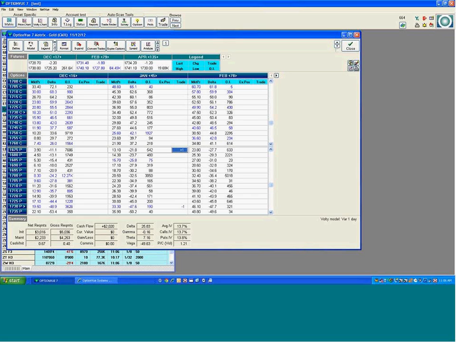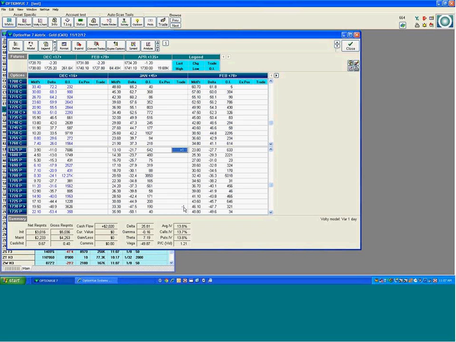As you see, I've got my matrix formatted in such a way that we can see the price in the first field, the delta of the option, and the open interest of the option. Then I have an existing position and a trade field as well.